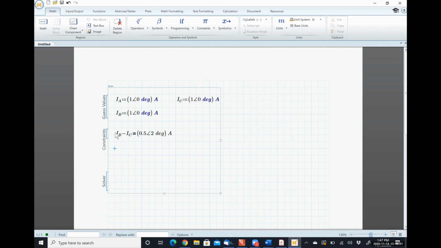Then we had negative 30 angle negative 76 degrees volts plus, let me just look instead of trying to remember everything.